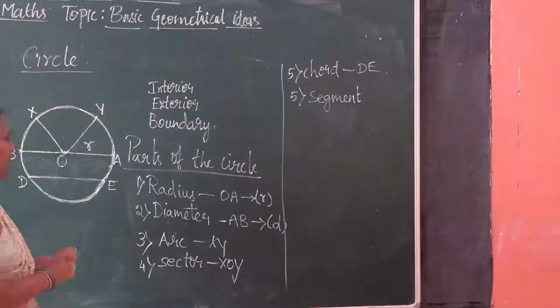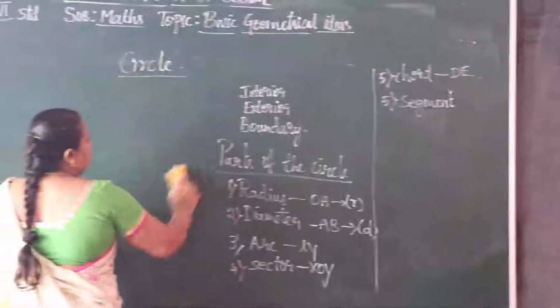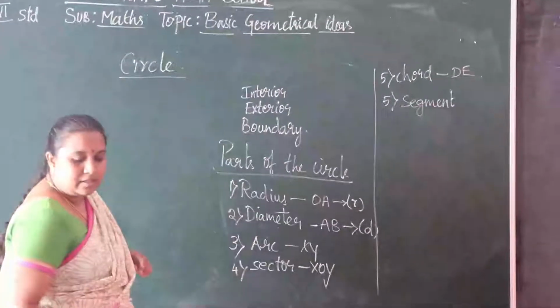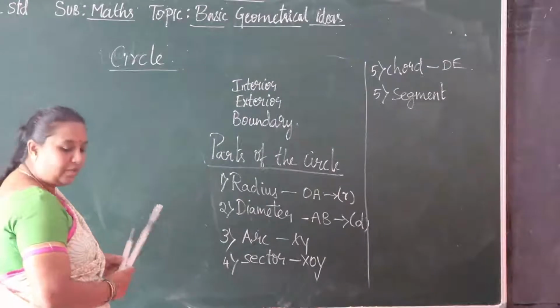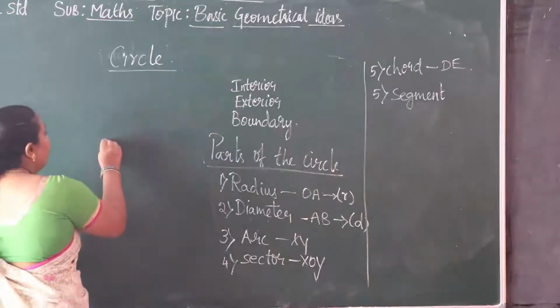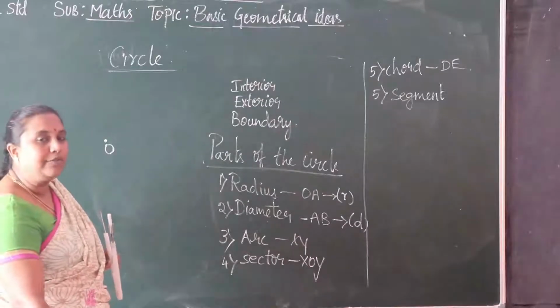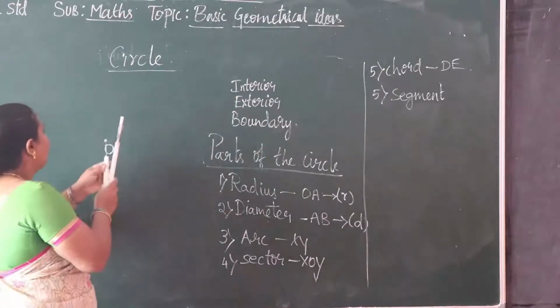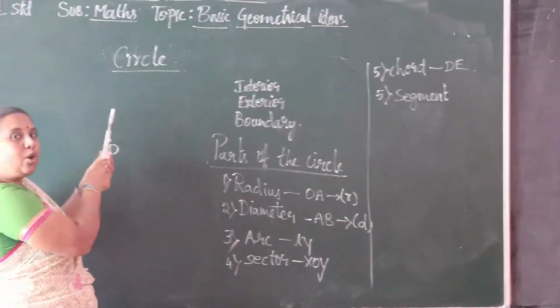See, these are the parts of the circle. Let us see them one by one. We can take a center of the circle, that is point O. This is the first part of the circle. From this center we can take 5 centimeters to draw a circle.